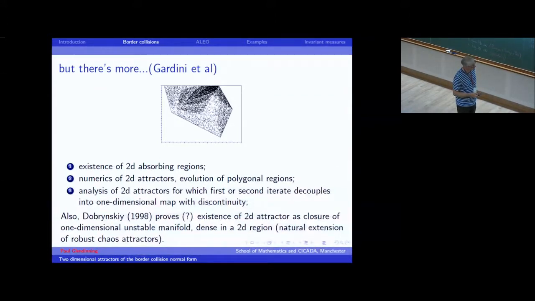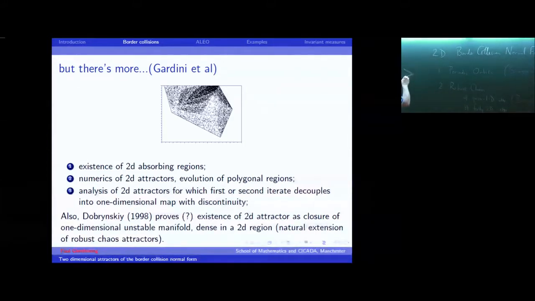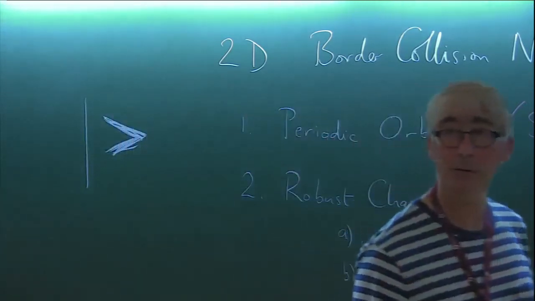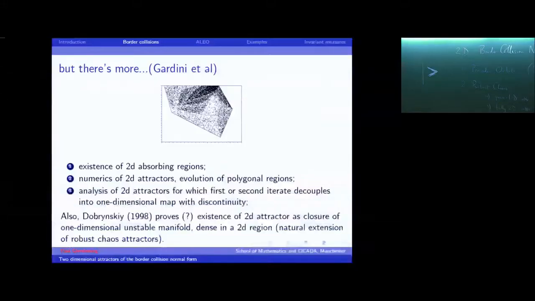Dobrynsky in 1998 proved the existence of a 2D attractor in the same way that we've been talking about here, as the closure of a one-dimensional unstable manifold. So you now imagine that instead of having a one-dimensional manifold that sort of starts to have this structure, this actually fills in. It's still one dimension, but it's dense in a two-dimensional region, and therefore the closure of it is a two-dimensional region.